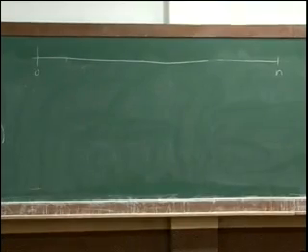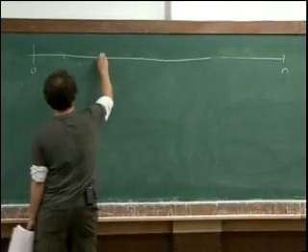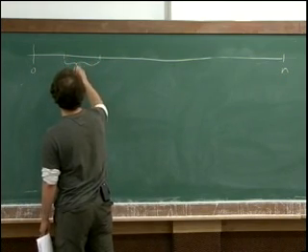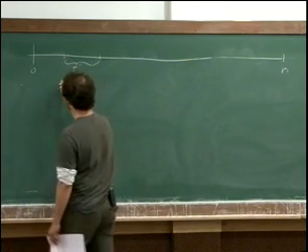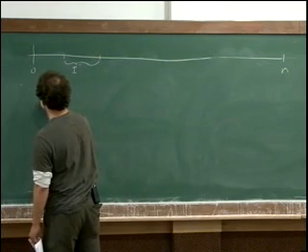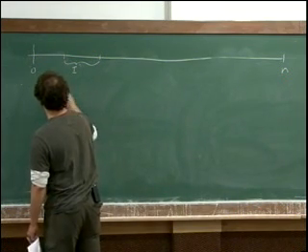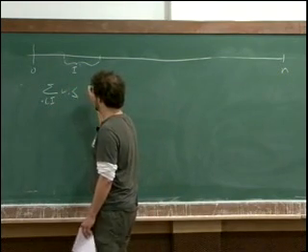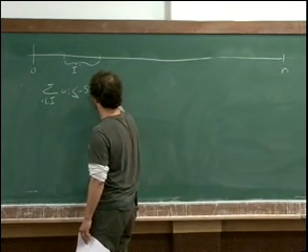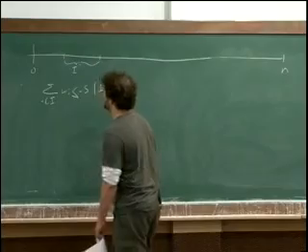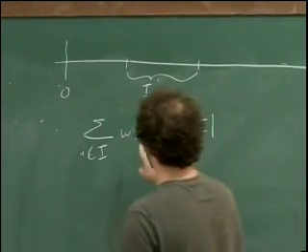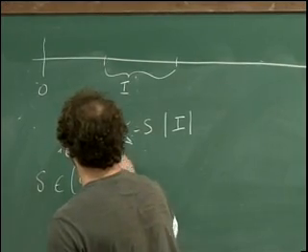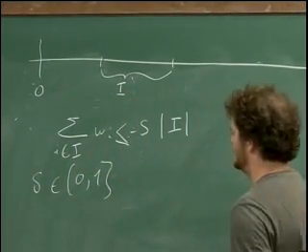Let's say that this is I, and we look for long stretches that satisfy the sum of omega_i for i in I is smaller than minus delta times the size of I, where delta is between 0 and 1 and strictly positive.